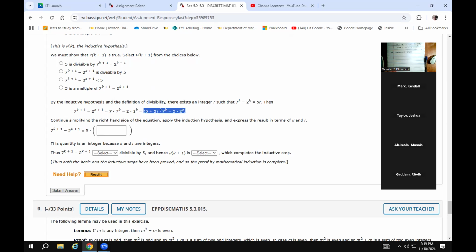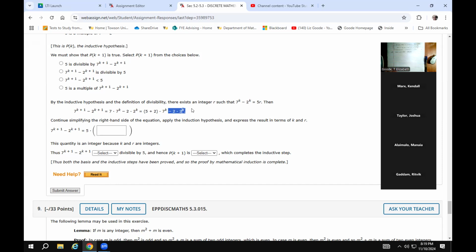7? Well, the point is we don't want a 7. Do you see a 7 here? Nope. You see a 5. That should be a clue. So if we get some scrap paper out and look at what this looks like, it's 5 times 7 to the k plus 2 times 7 to the k minus 2 times 2 to the k.